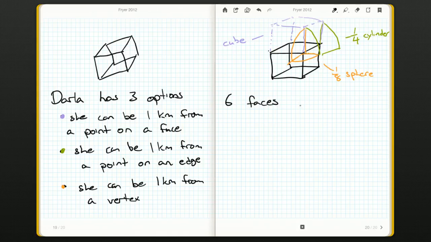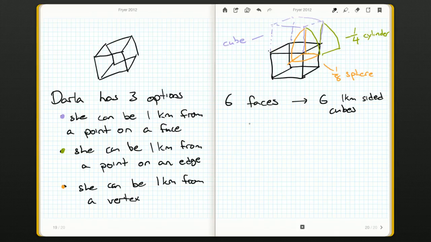Now a cube has 6 faces, 12 edges, and 8 vertices. So we get 6 1-kilometer sided cubes up at the top, on each of the sides, that she can roam in.